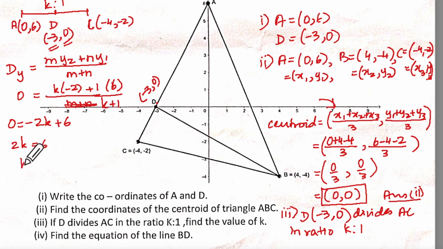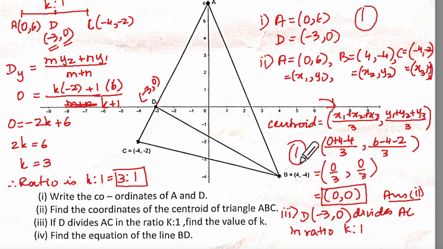So k is equal to 3. Therefore, the ratio k is to 1 is 3 is to 1. So these are all 1 mark each. This is 1 mark, this is 1 mark, this is 1 mark. Okay, write the equation of line BD.